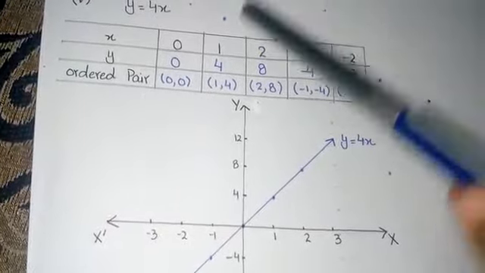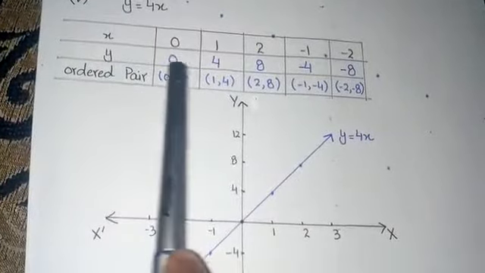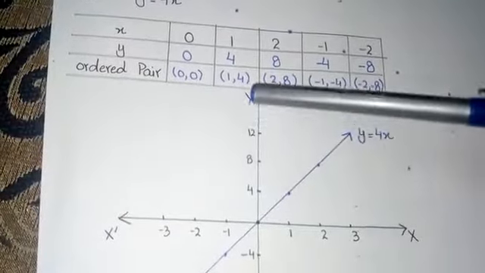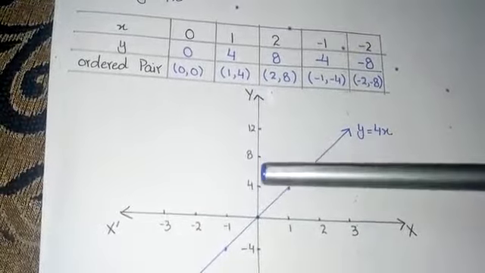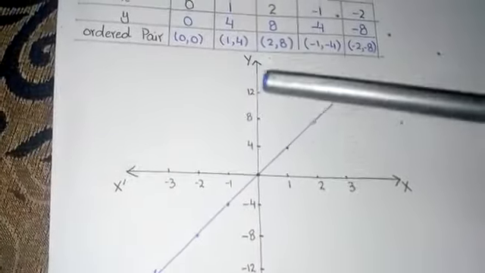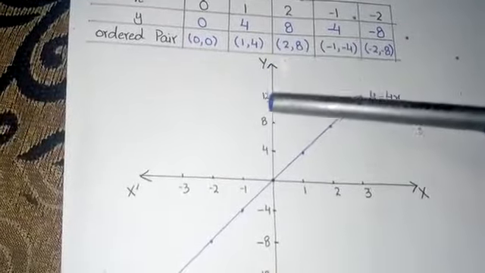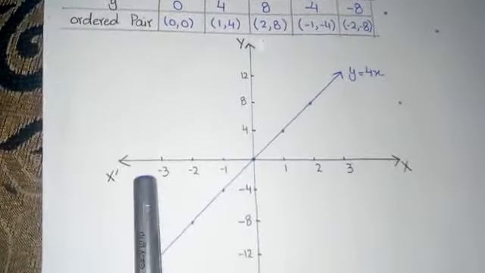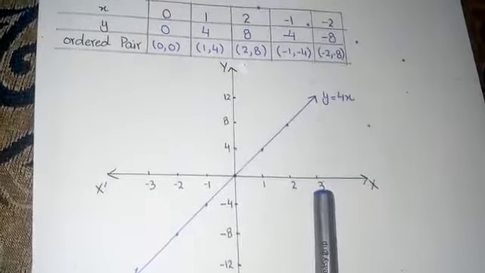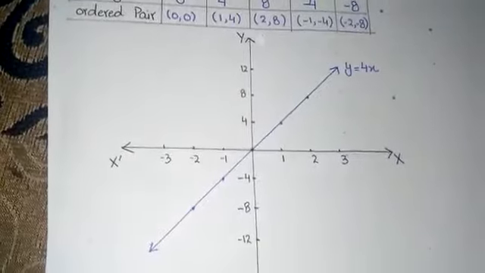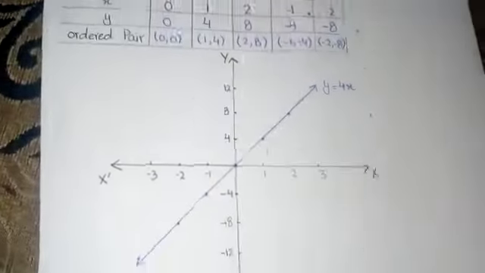That is why, if you can see, the values of y are multiples of 4. That is why I have taken multiples of 4 on the y-axis: 4, 8, 12, minus 4, minus 8, minus 12. But remember to take the distance between all the numbers equally. Clear? For the x-axis I have used the centimeter side and for the y-axis I have used the inches side. Clear? Now plot these points.